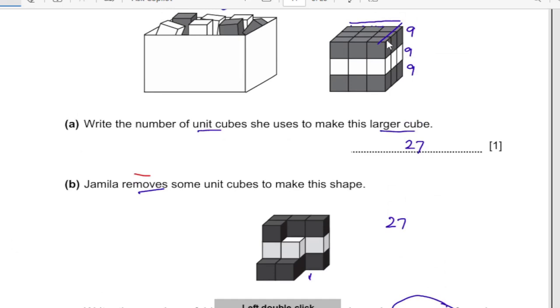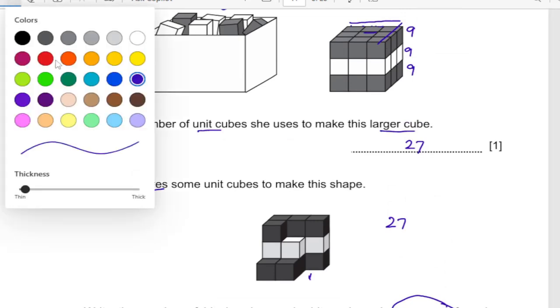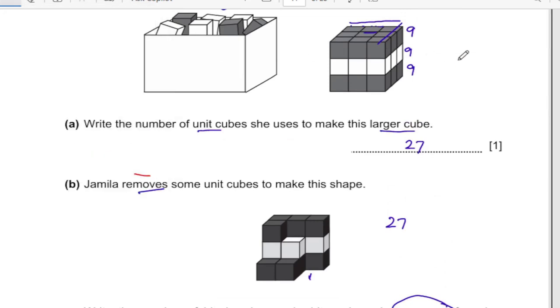So here you see these, let me show you which have been removed here. So this row is not there, 1, 2, 3, 4, 5, right?